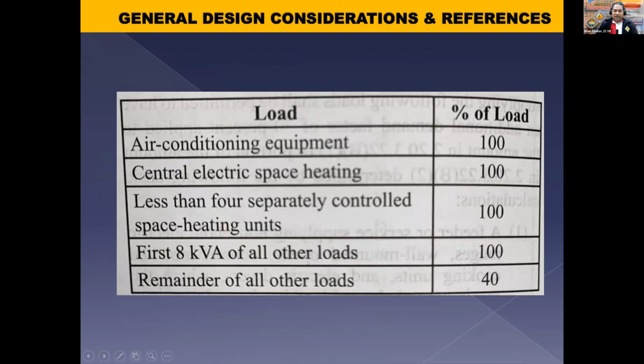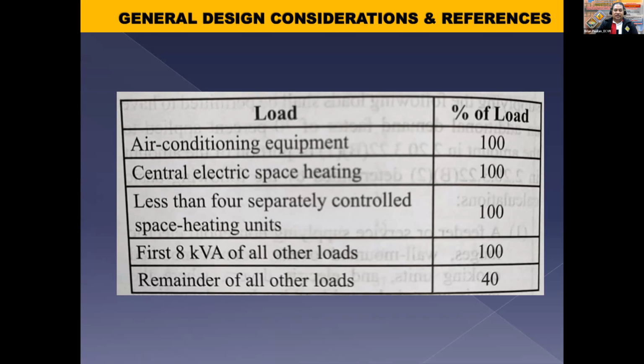Kung 10 kVA yung total mo, including air conditioning equipment, ang 8 kVA is 100%, then ang 2 kVA is 40% na lang. So, ito yung treatment natin sa mga air conditioning loads and other space heating loads.